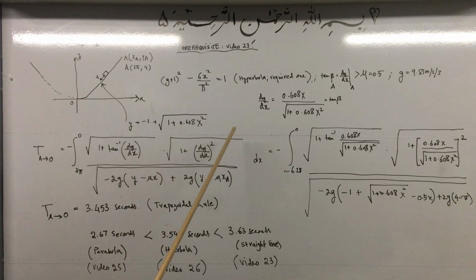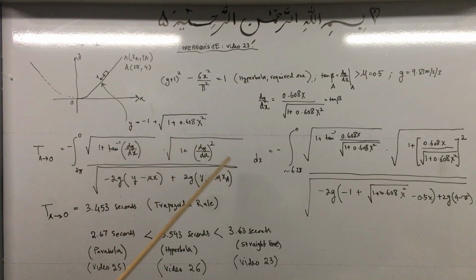This expression has been derived in my video 25. If you want to learn about the derivation, you can watch my video 25. And you can also watch my video 23 because it's before that and it's related to it.